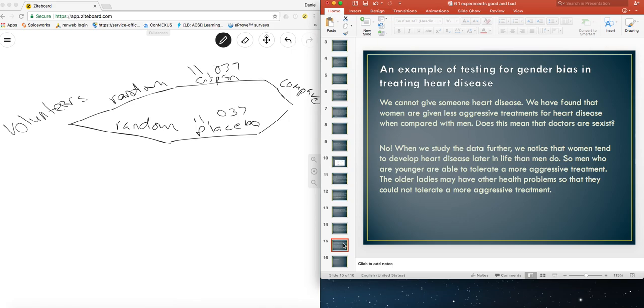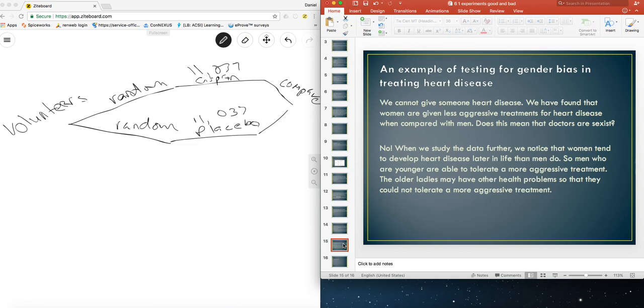You probably know that men get heart attacks at a younger age than women. It's around 40-ish, I want to say, that guys' risk for heart attack starts to go up, whereas for females, it's not until maybe 60 or 70. I can't remember the exact age. But anyway, if you're 40, you're relatively young, and so you can afford to take more aggressive treatments. But if your first heart attack is not until you're 60 or 70 or maybe even 80 years old, maybe there's other things going on.